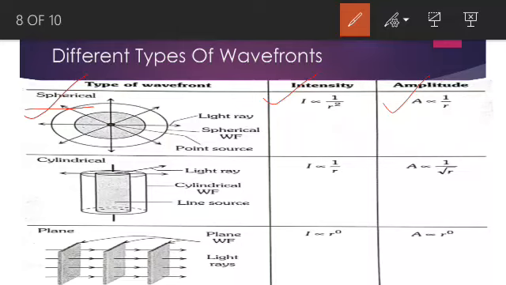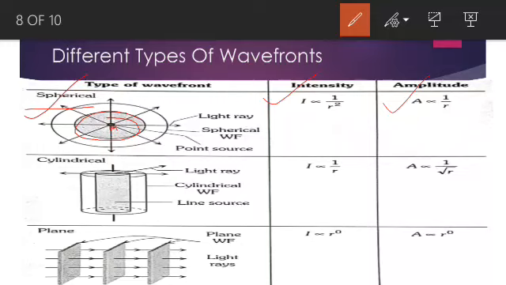The spherical wavefront is basically emitted from a point source. That means if the light source is a point source, then it will emit a spherical wavefront. So this point is the point source, and from this point source a spherical wave is emitted in both directions, and it propagates in all directions.